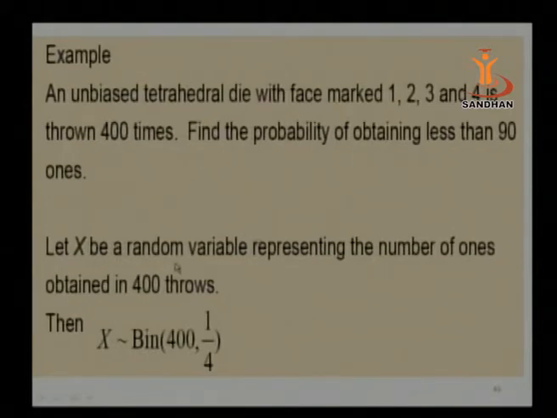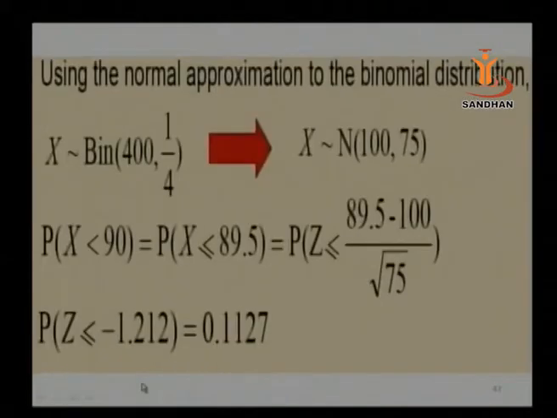If x is a random variable representing the number of ones obtained in 400 throws, then x is distributed binomial with n equal to 400 and probability of success 1 upon 4. Now we will convert this binomial distribution into normal. For the mean np, multiplying both quantities, you will have 100. So your mean is 100.